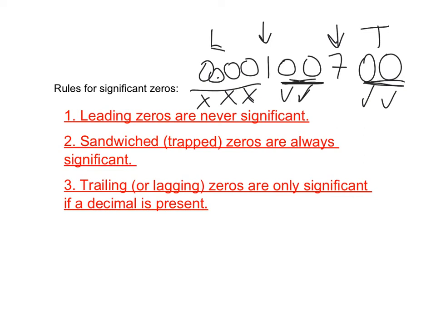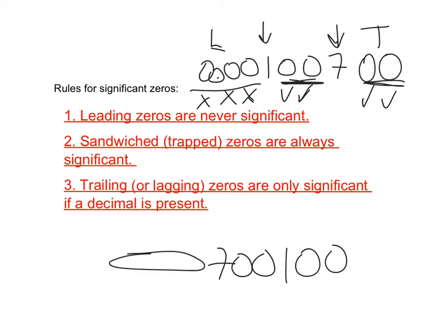But maybe here's another example. Maybe that's the number we give you, 700,100. Well, I have no leading zeros. There are no zeros before, so I don't have to worry about those. Here I have another 2 trapped zeros, so those definitely count.